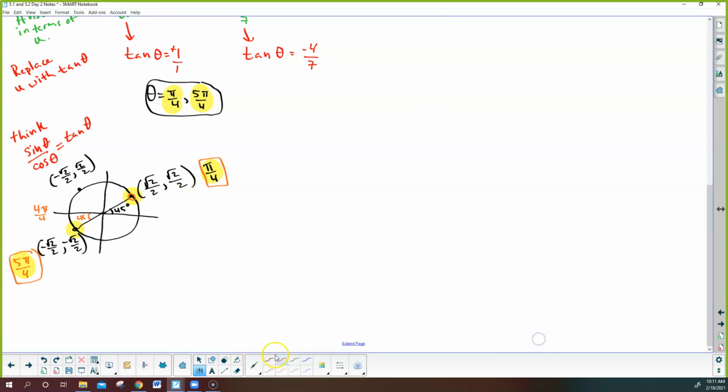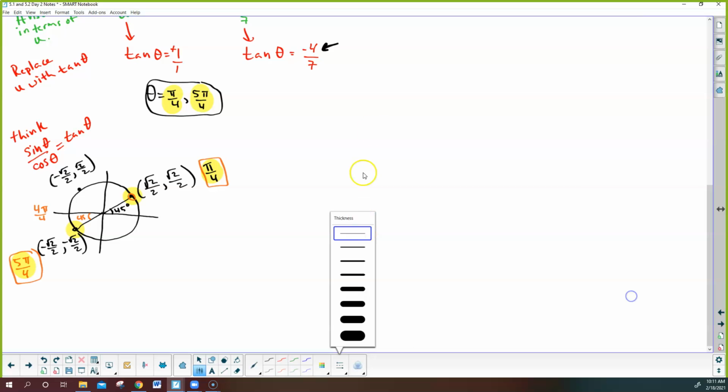Okay. Now, here's the tricky spot, right? Tangent is equal to negative 4 over 7. We don't have a fraction of 4/7 as either an x or y value on this whole thing. So this is an odd number, or not a familiar fraction.